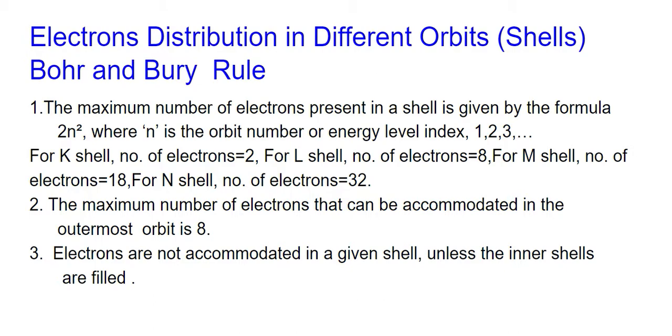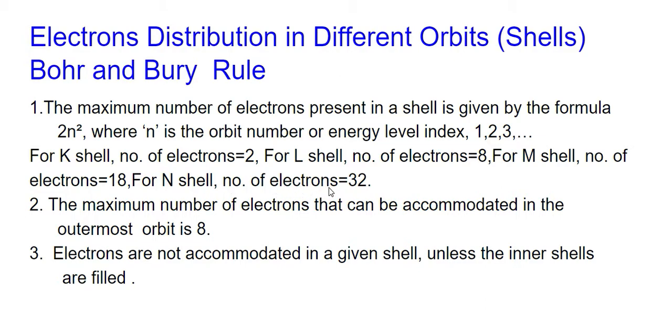For the K shell, that is for n equal to 1, the number of electrons is 2 into 1 squared, that is 2. For the L shell, the number of electrons is 8, 2 into 2 squared. For the M shell, the number of electrons is 2 into 3 squared, which is 18. For the N shell, the number of electrons is 32.